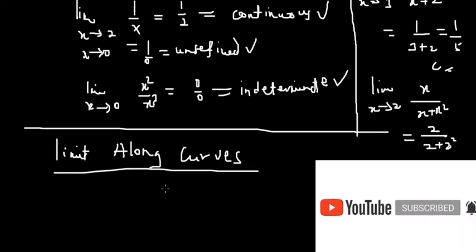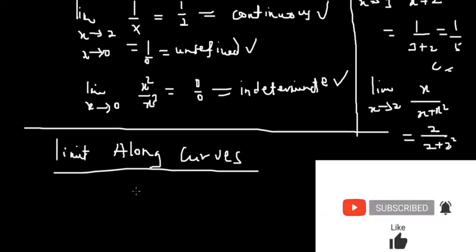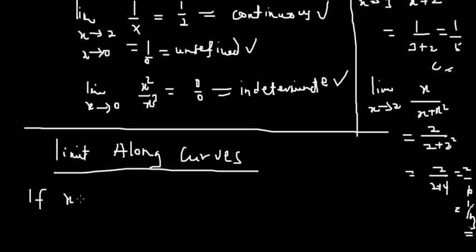Alright, so we have limits along curves. In case you are given a function of x and a function of y, let's say x is a certain function x of t, and y is a certain function y of t.